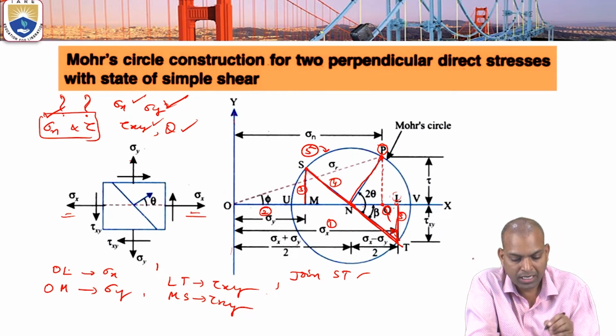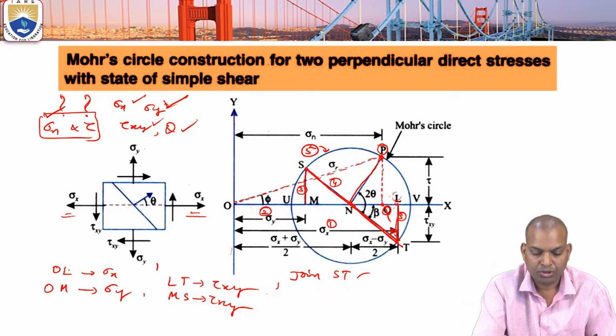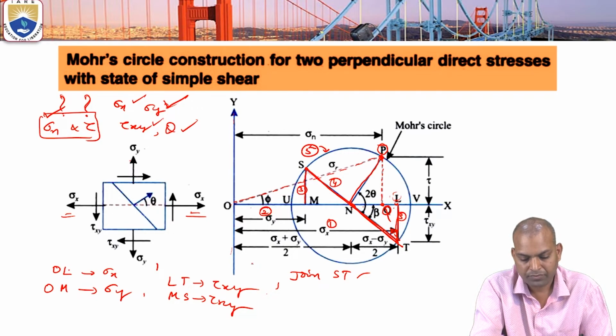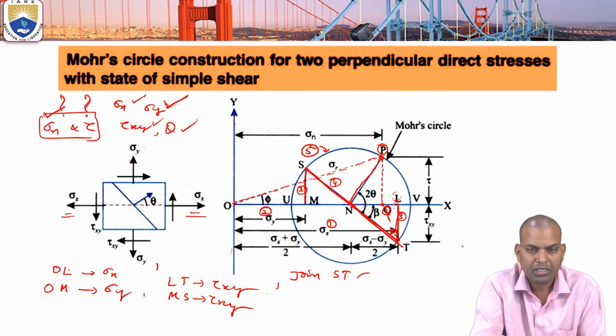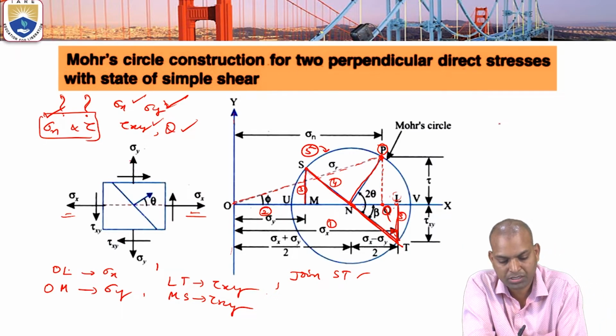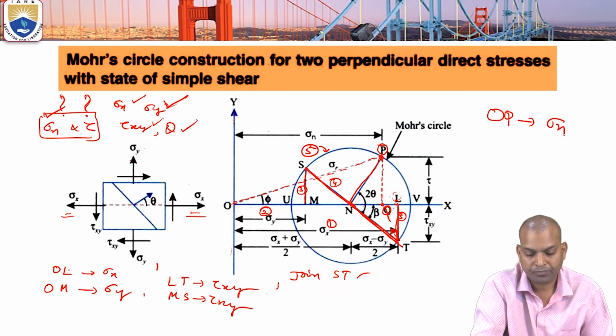And join another line, OP. Now measure the distance O to Q. That gives the value of the normal stress: OQ gives sigma n.